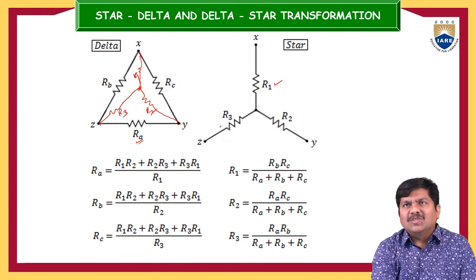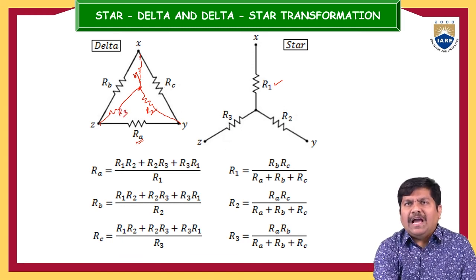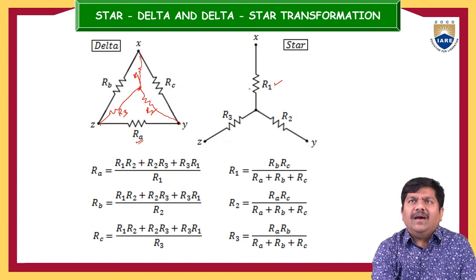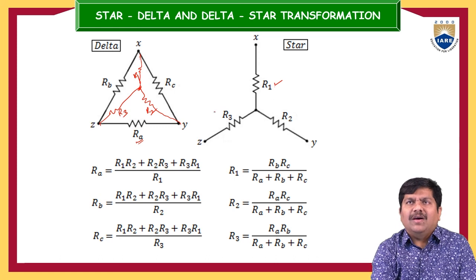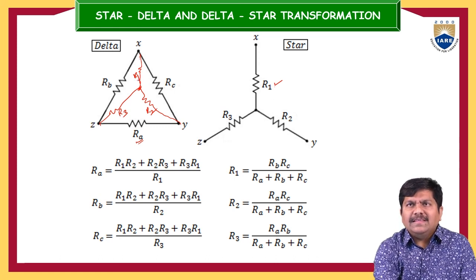Now see here. Suppose I am going to convert this delta to star. You have to find the values for R1, R2, R3. This R1 is connected between RB and RC. So R1 is nothing but RB, RC divided by RA plus RB plus RC. So this is the expression. Similarly, R2 is connected here.